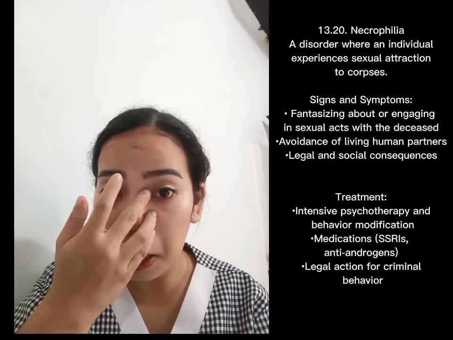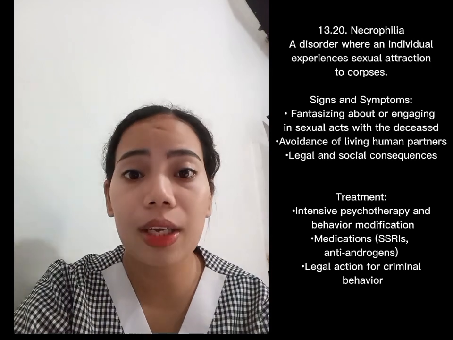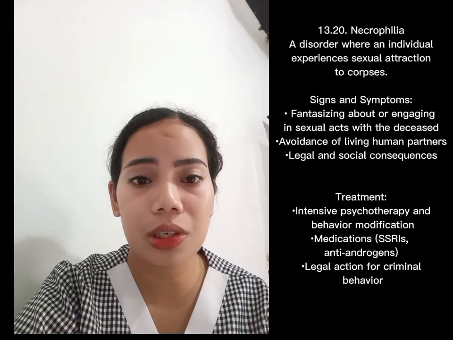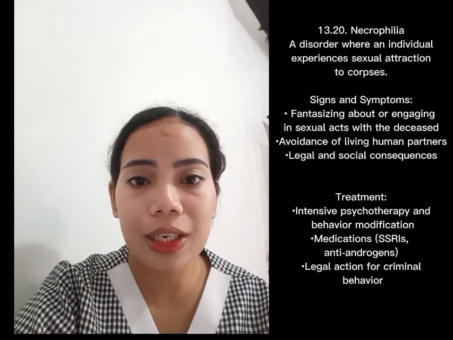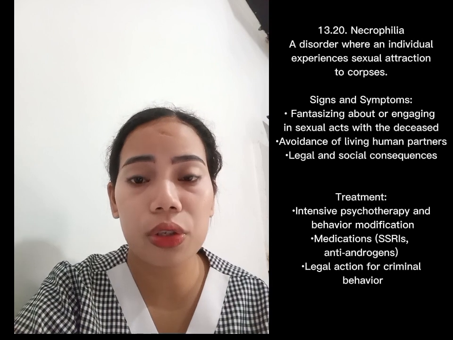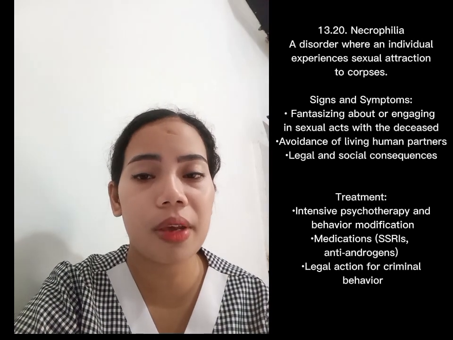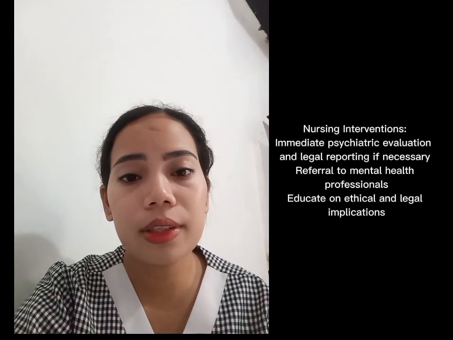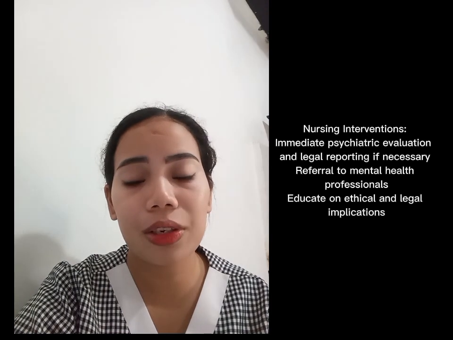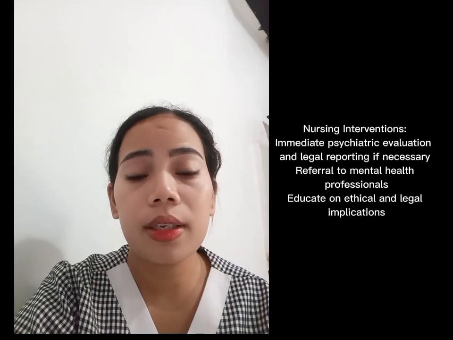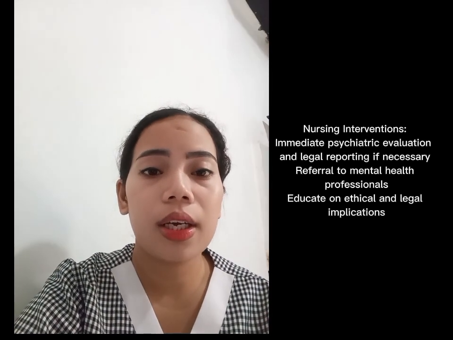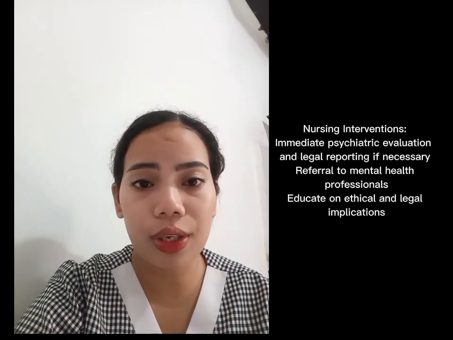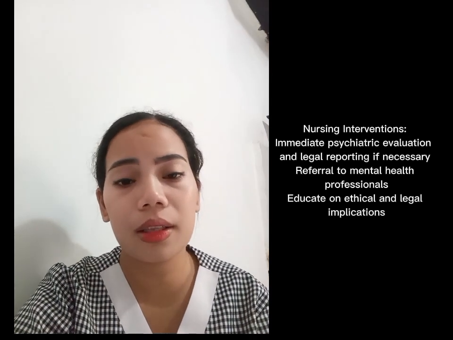For treatment, we have intensive psychotherapy and behavioral medications. For the medication, we also have anti-androgens and legal actions for criminal behavior. For the nursing intervention, we should arrange immediate psychiatric evaluation and legal reporting if necessary, referral to mental health professionals, and educate on ethical and legal implications.